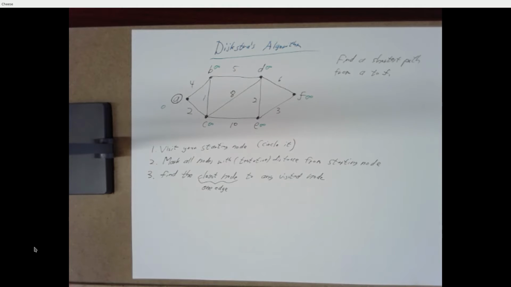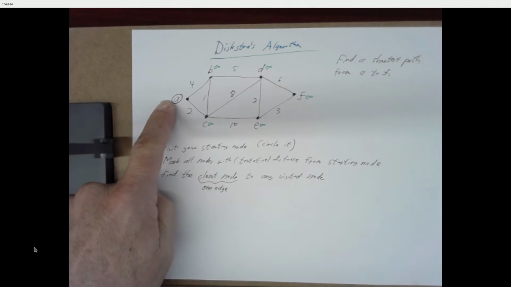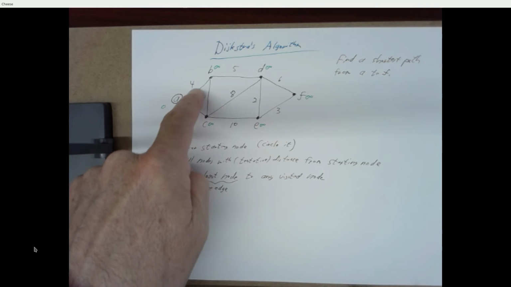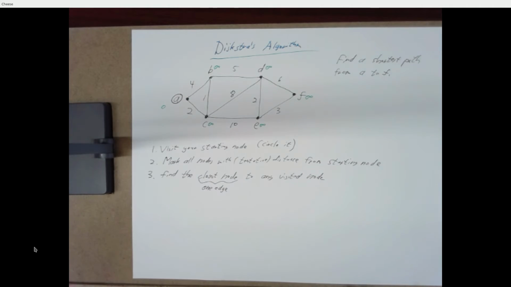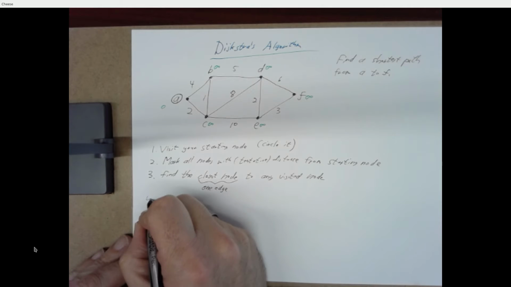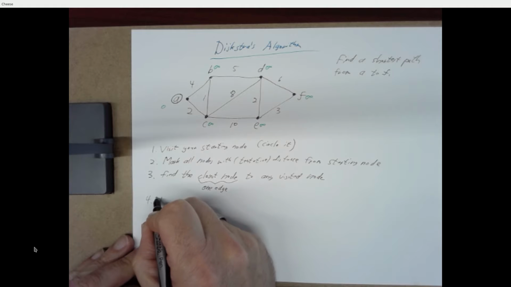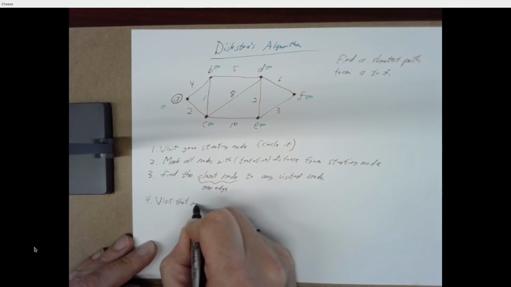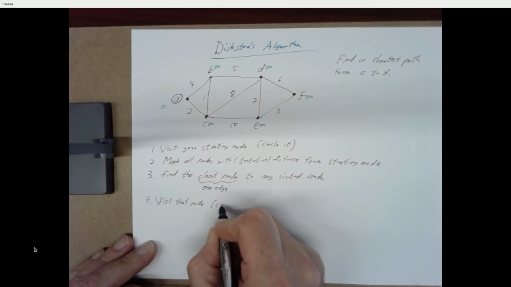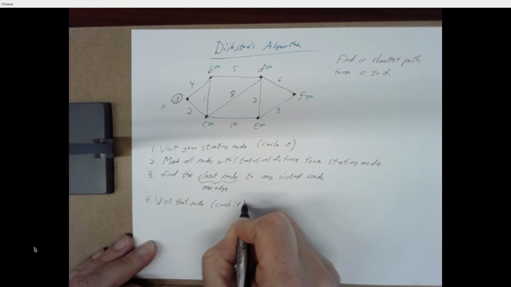Well, the only node we visited so far is A, and so there's only two nodes that are directly connected to us, B with a distance of 4 and C with a distance of 2. Okay, so C is going to be the closest node. So we're going to say visit that node, which means circle it.